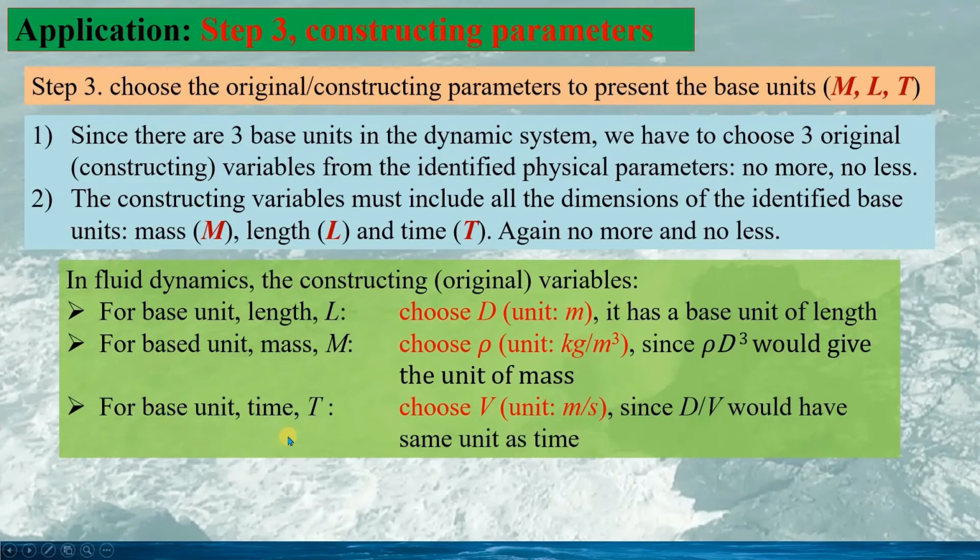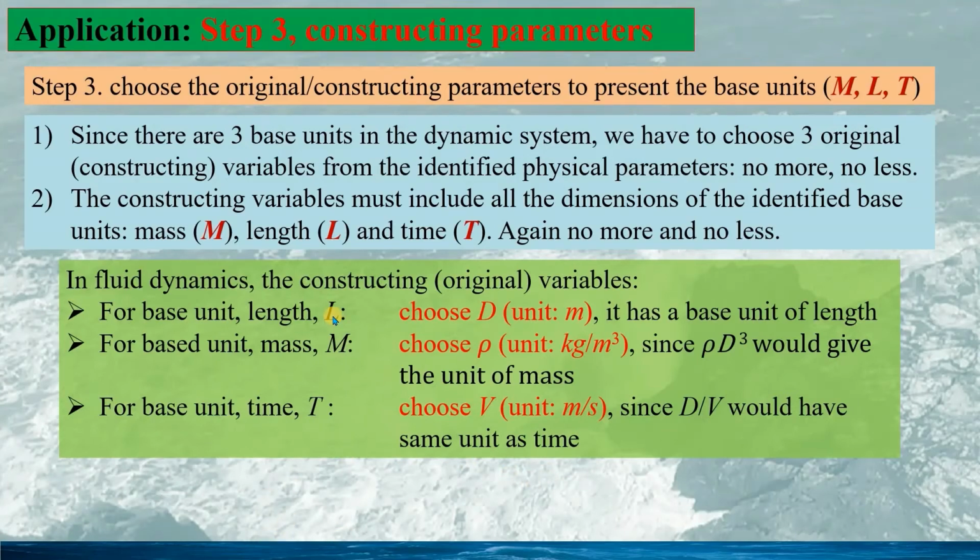And for the base unit time, we can choose the fluid velocity, unit meter per second. We can use D over V to construct a unit of time. Again, D is already chosen here.